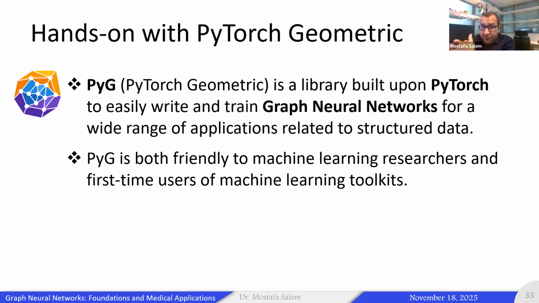PyTorch is a very famous deep learning library built on Python that you can use to build your deep learning architectures like MLPs or CNNs or transformers, and it helps you train, test, and validate these models. PyTorch Geometric is another library built on PyTorch, specialized for GNNs. So if you want to use GNNs with PyTorch, you have to install PyTorch Geometric. It will help you to generate graphs, to learn on graphs, to build GNNs, and to train and test your model.